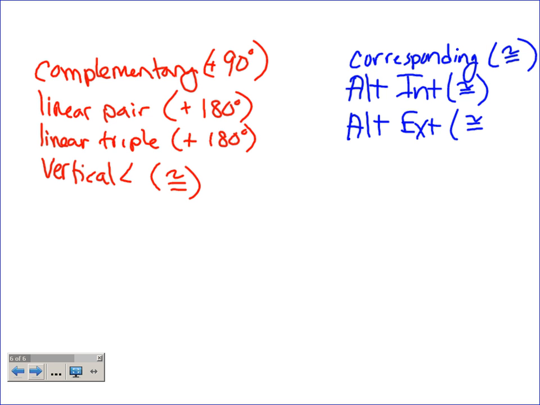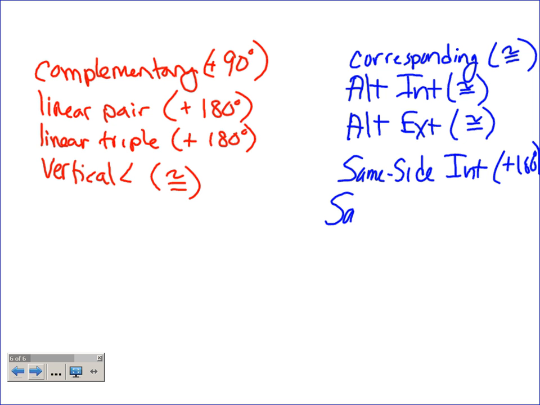Those are congruent. And then we have same side interior. Those add up to 180 degrees. And we have same side exterior. Those add up to 180 degrees as well. Okay, so those are our angle relationships.